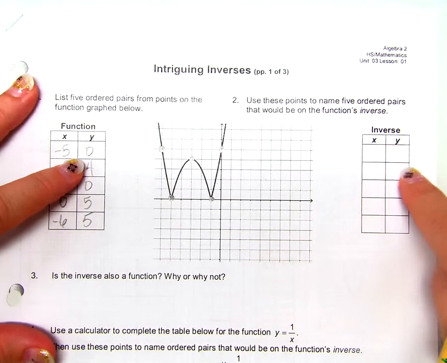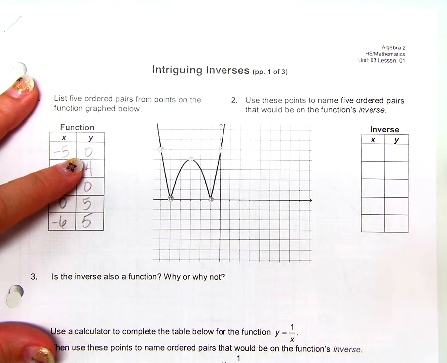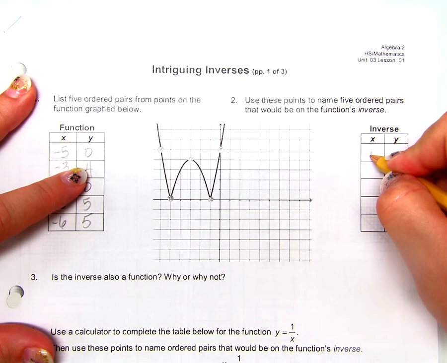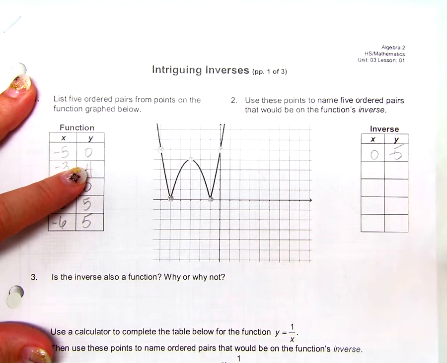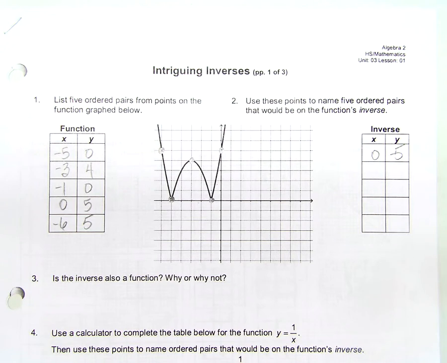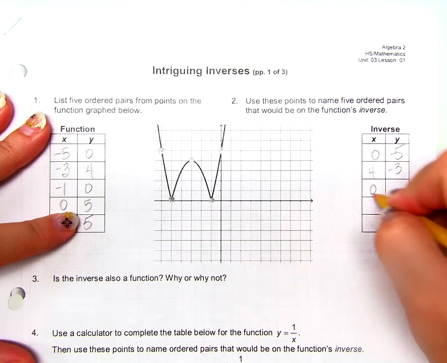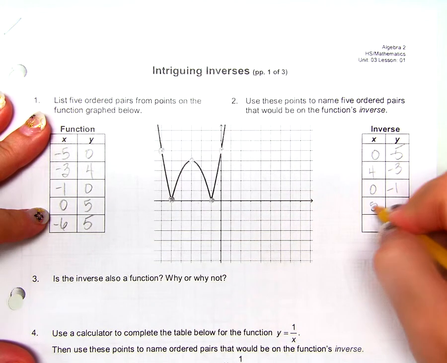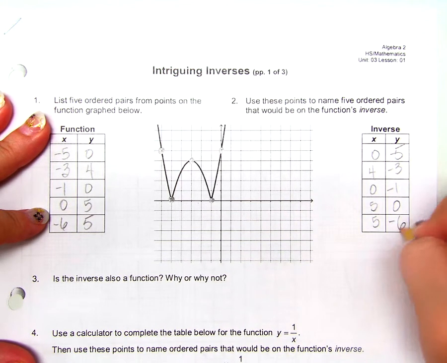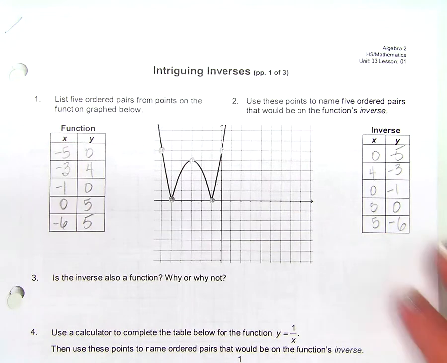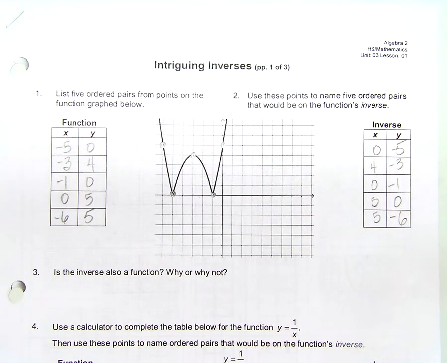So I'm going to recopy my table, except I'm going to switch the x's and the y's. So 0, negative 5. 4, negative 3. 0, negative 1. 5, 0. And 5, negative 6. Correct? Thank you.